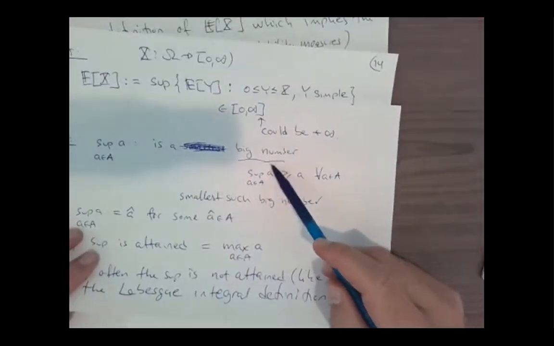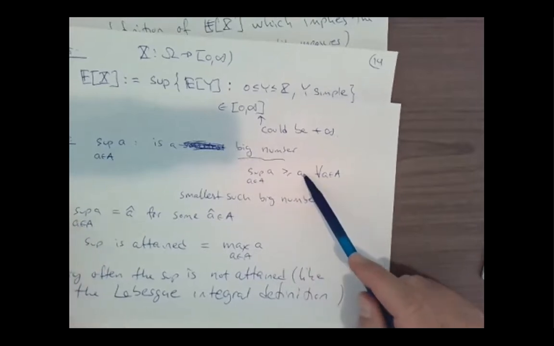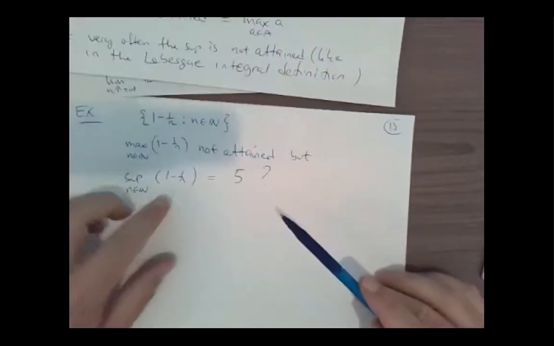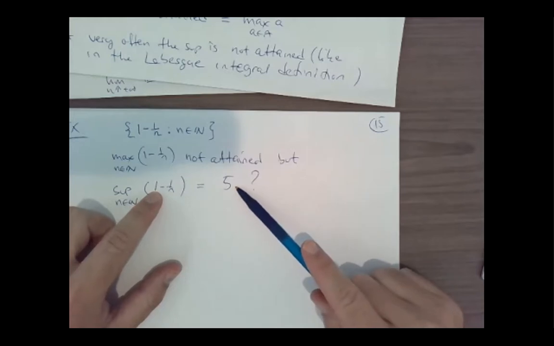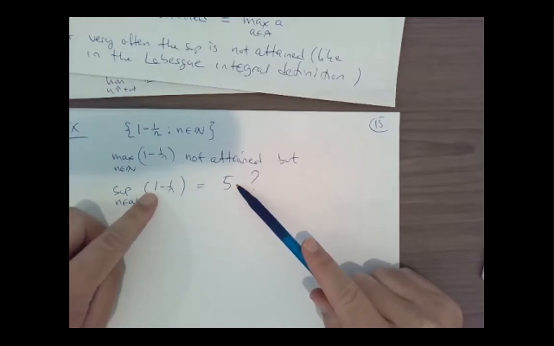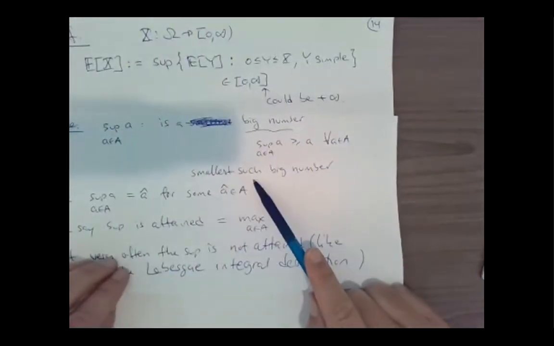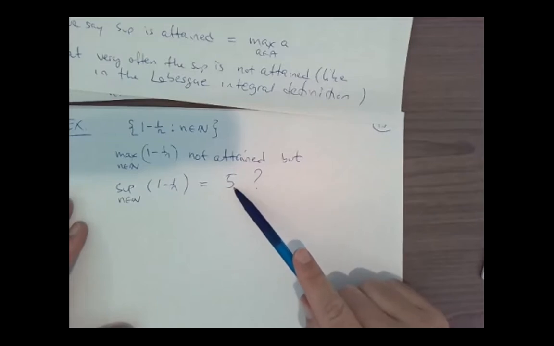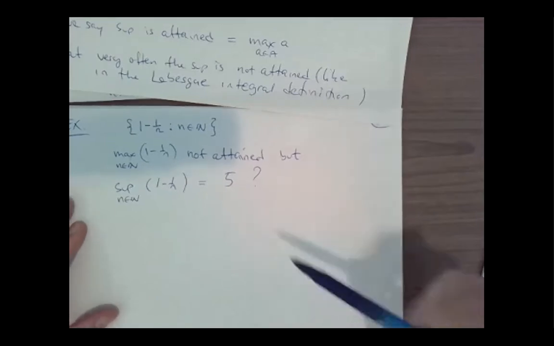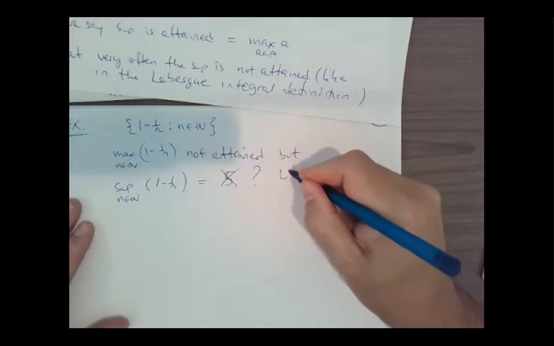Is 5 bigger than all of them? Well, no matter what natural number I put in here, I'm going to get something less than 5. But is it the smallest such big number? Could I find a number that would satisfy this that is smaller than 5? Well, 5 is not going to work. What about 4?